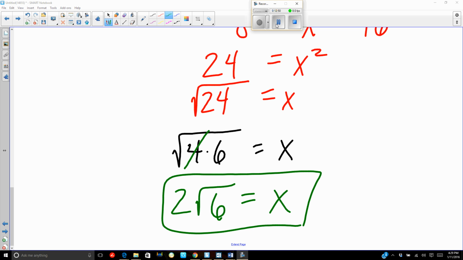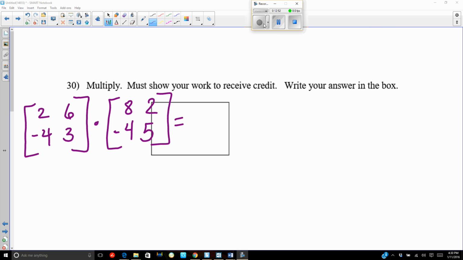All right, moving on to the next page. We're going to skip ahead to matrices because we didn't do many of these problems since after Christmas. So these are the two matrices I want you to multiply on 30. And remember, it is rows times columns.